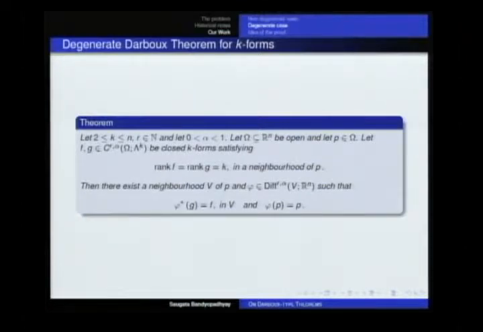Now, why are we saying that the case of higher forms is far from being complete? Because here we have considered the case of minimal rank. So what happens in the case of higher ranks? The trouble is that the notion of rank turns out to be a sufficient invariant for the case of two forms. Now look at the Darboux Theorem. Non-degeneracy means there is a condition on rank. For the case of two forms, it is the rank that plays a decisive role in proving whether there exists a diffeomorphism.